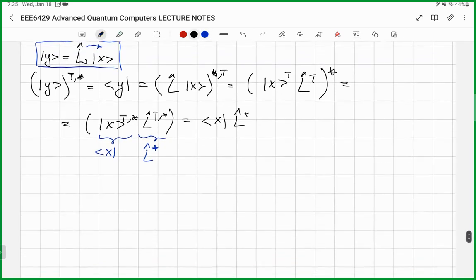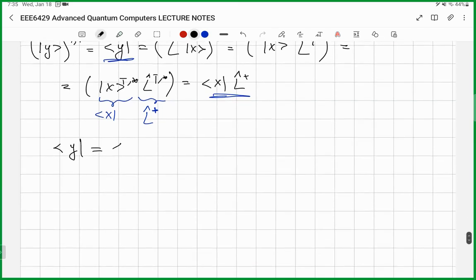But in the case of a bra vector, you first write the bra vector, and the operator on the right side. And the operator must be Hermitian conjugated.